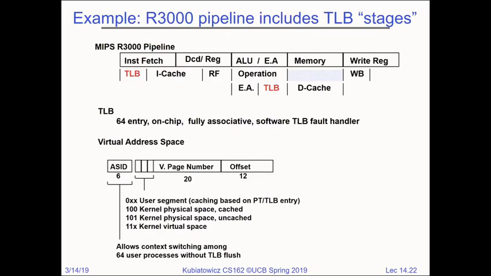So the first half cycle is the TLB lookup, and then they did the instruction cache, and then they did the register file lookup in the second half of decode, and then you compute potentially the address, in which case you do the address of a load or store lookup in the second half of the cycle, and then you do the data cache access, etc. So they fit this stupid thing in like half cycles in order to make this thing work, okay? And you can imagine this doesn't generalize very well, okay?